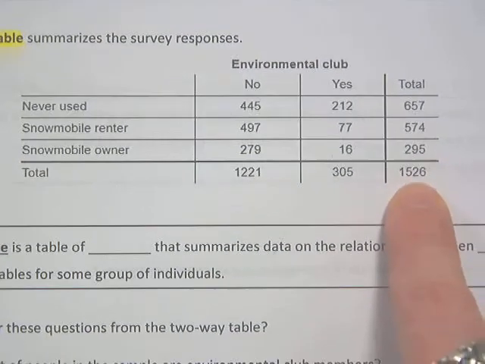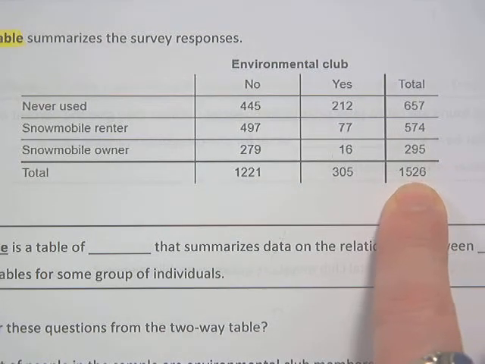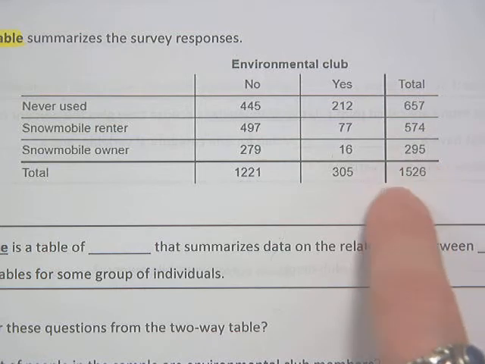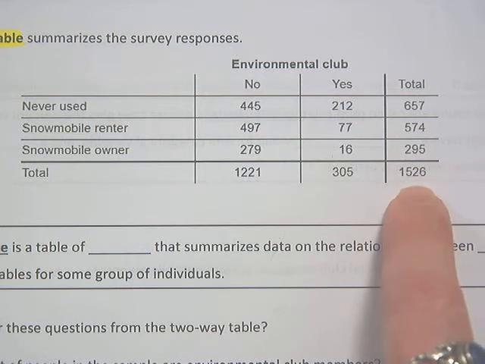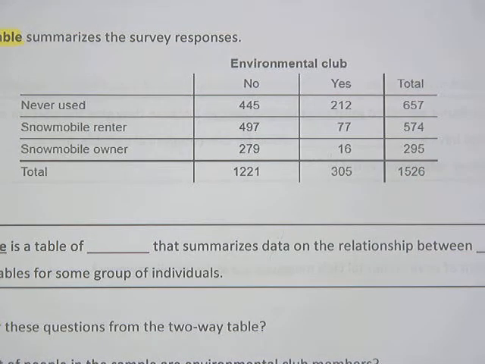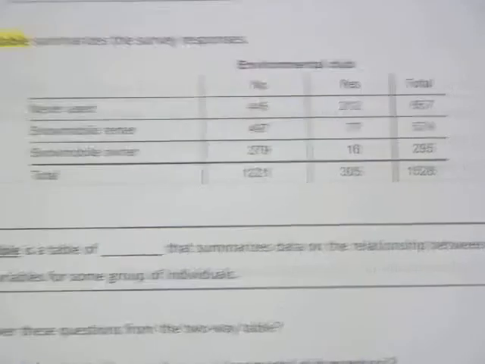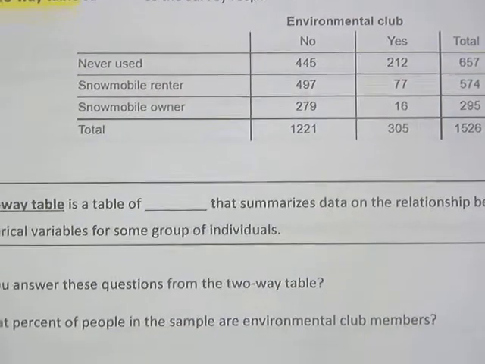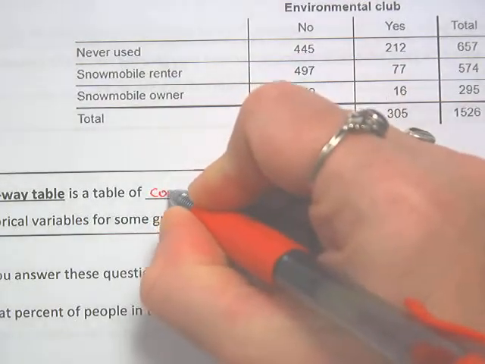And if you'll notice, the very bottom right-hand corner, that is every single person that was surveyed is represented in this two-way table. So all you're going to be learning to do today is how to read this, and I'll ask you questions about percentages and proportions of people out of these tables, okay? A two-way table is a table of counts.